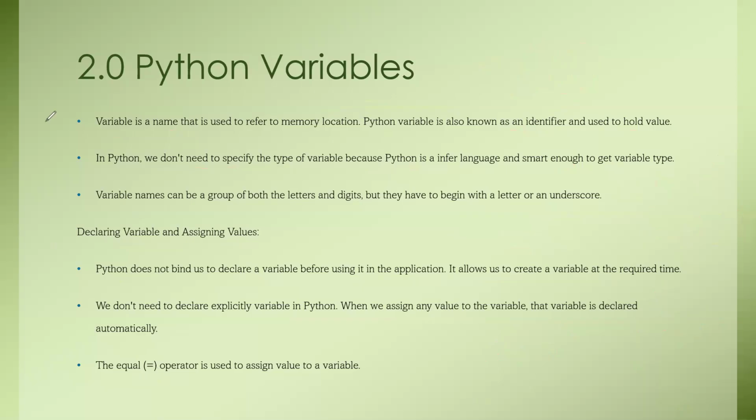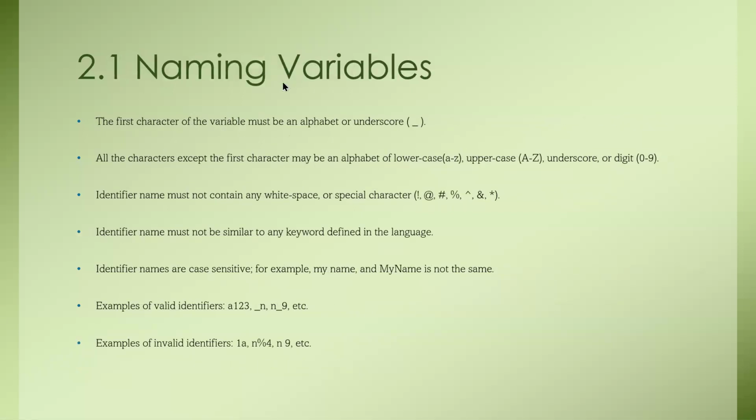As with any programming language, Python also has some criteria to declare variables. There are some naming conventions and some coding rules. If you want to declare any Python variable, the first character must be an alphabet or an underscore.